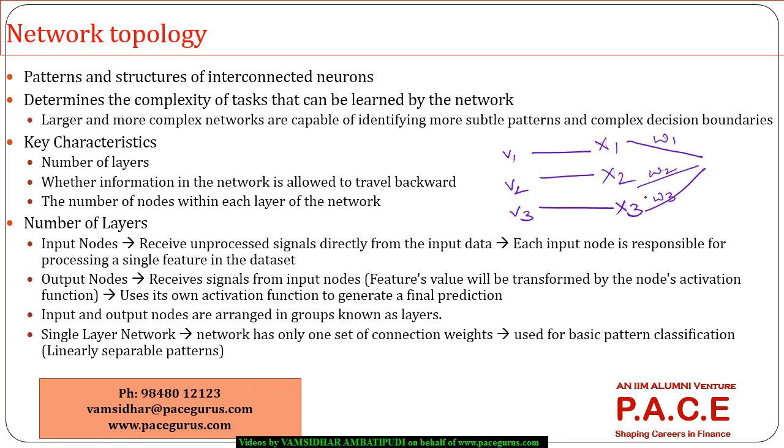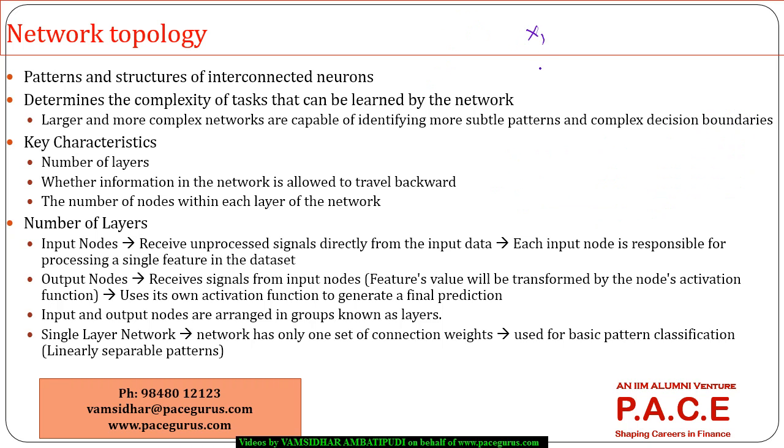We give different weights to the input nodes, and this becomes an output node Y. There is an activation function applied here and converted into a single output node. This is what we are calling a single layer network. Whereas there is a possibility that I can have a multiple layer network as well.